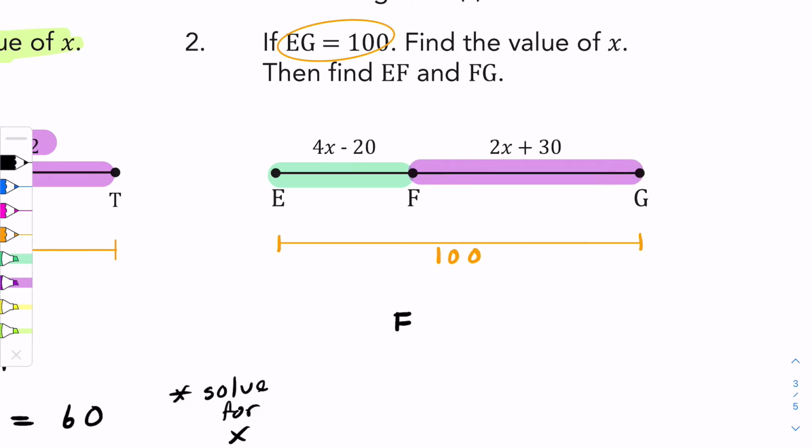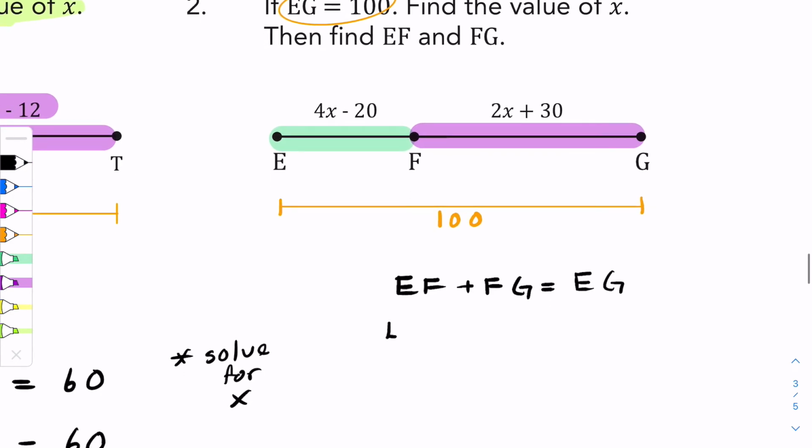I know that if I add EF plus FG, it equals the total length of EG. I can replace EF with the expression of 4x minus 20, and I can replace FG with the expression of 2x plus 30, and this is equal to 100.